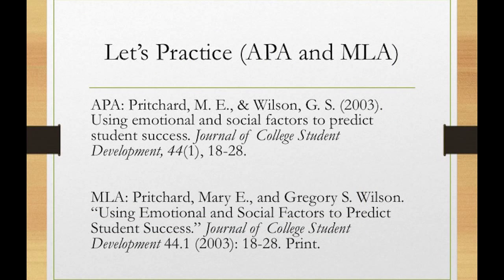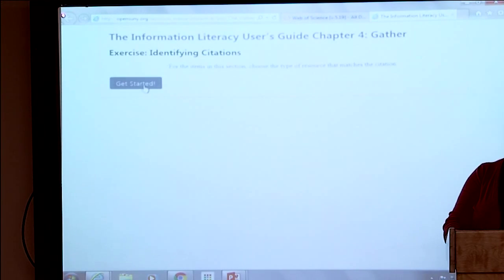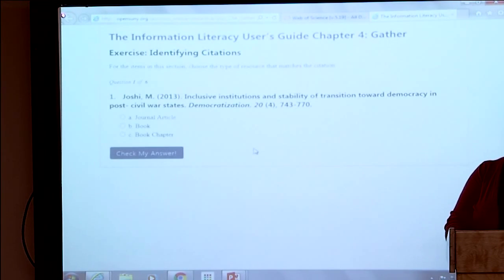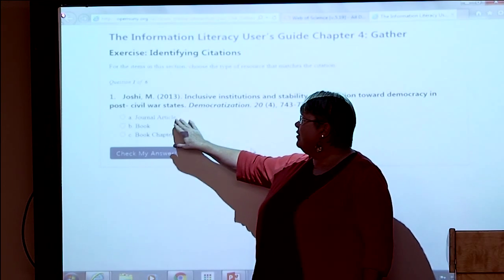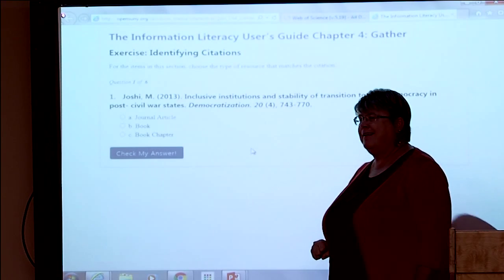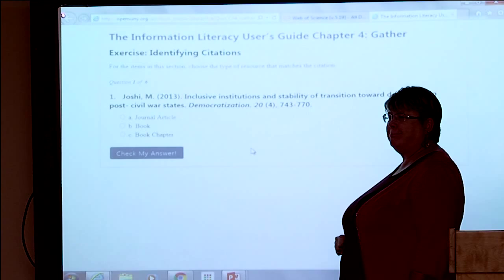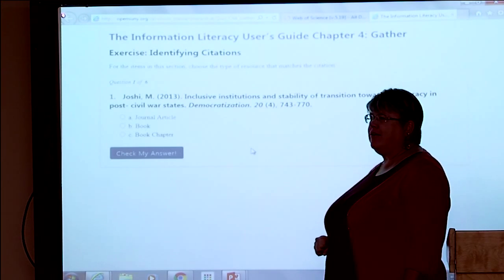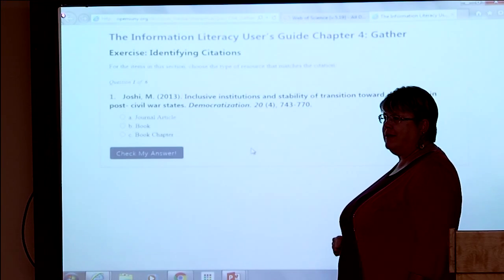Okay, so we're going to practice. We're going to do a quiz. For this citation, is it a journal article, a book, or a book chapter? Journal article. MLA or APA? APA.